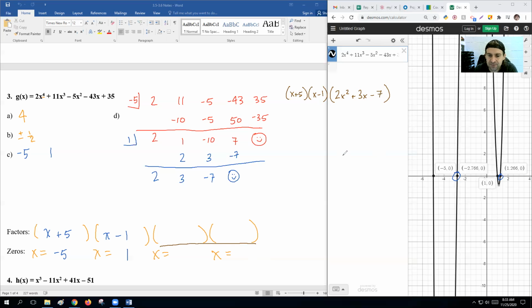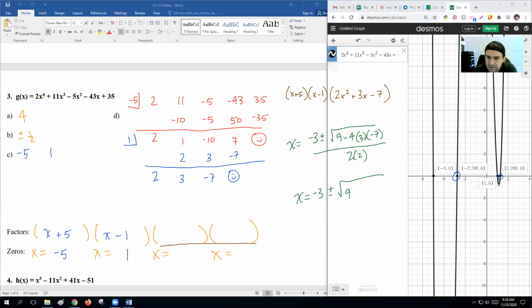So the other thing we can do is use the quadratic formula to figure out this answer. So we'd get x equals negative b plus or minus the square root of b squared minus 4 times a, which is 2, times c, which is negative 7, all over 2 times a. Okay, so we would get x equals negative 3 plus or minus the square root of 9.